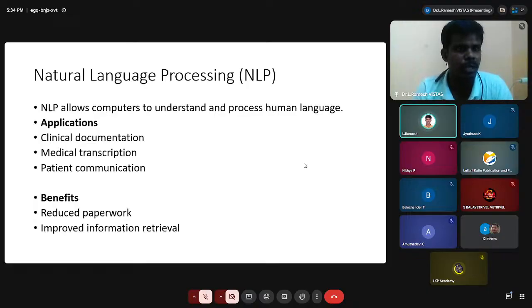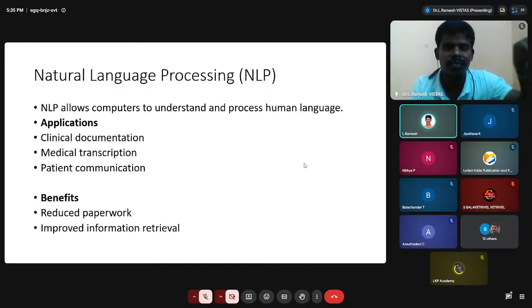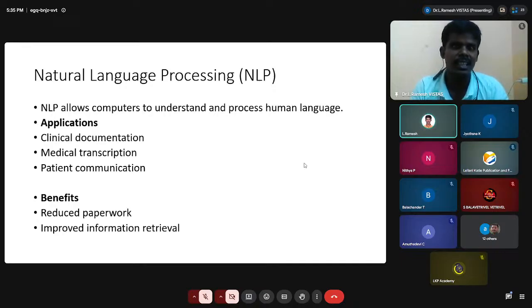For example, 2021 records in the particular database. Okay, I find out the 2021 patient records in the particular hospital. It's very simple. Improved information retrieval is very simple. Easily identify the particular patient's details in the stored information or stored database management. So it is natural language processing involved in the healthcare monitoring system.